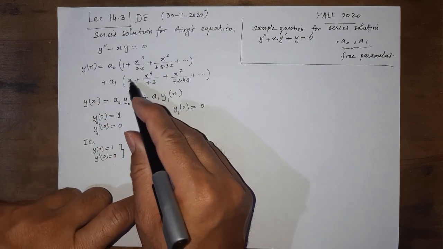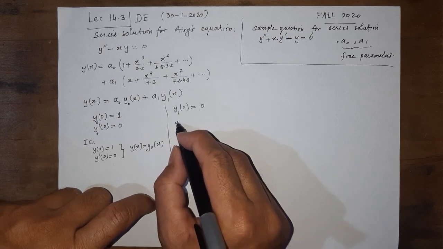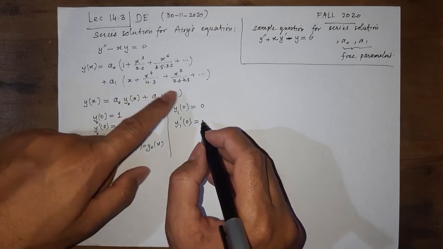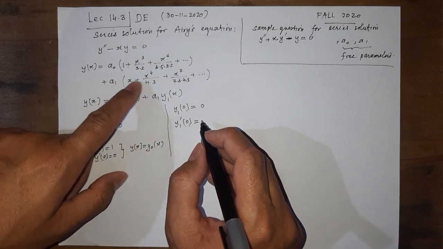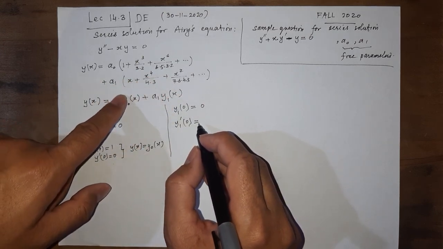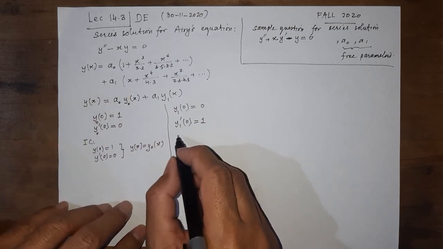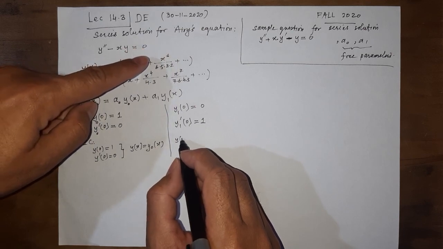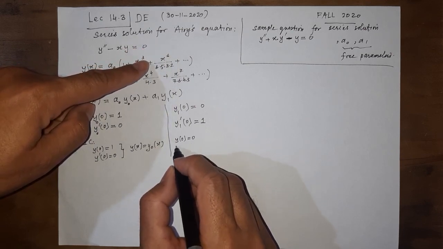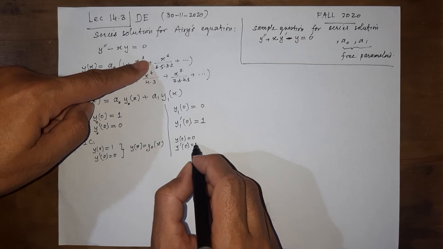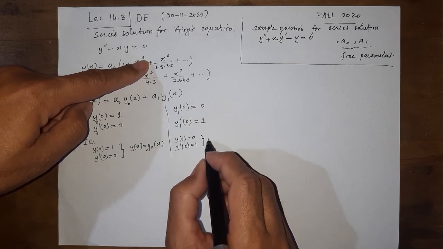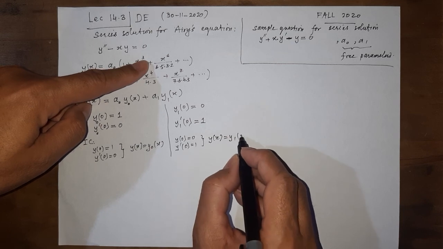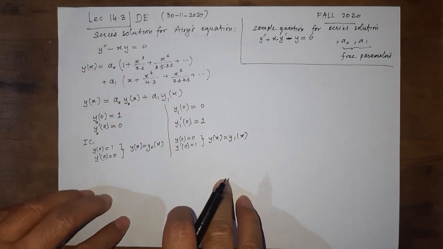If we take the derivative of y1 at 0 and put x equal to 0, we get 1 here and all the other terms have x, so they vanish. So if the initial conditions in the original equation were y of 0 is 0 and y prime of 0 is 1, then we will get the solution to be equal to this solution.